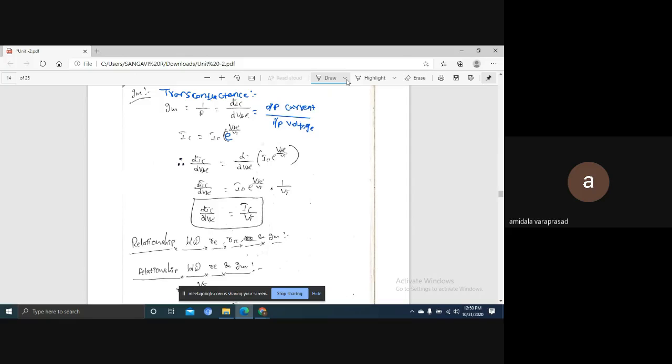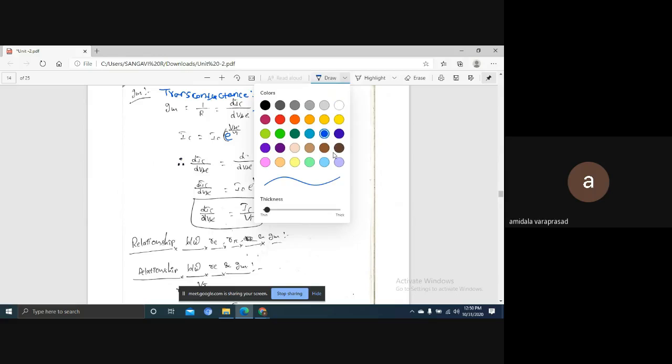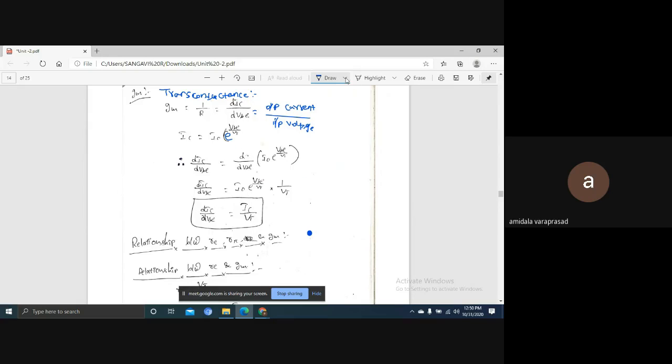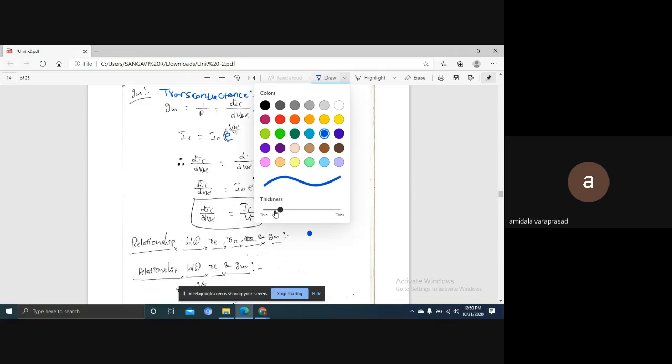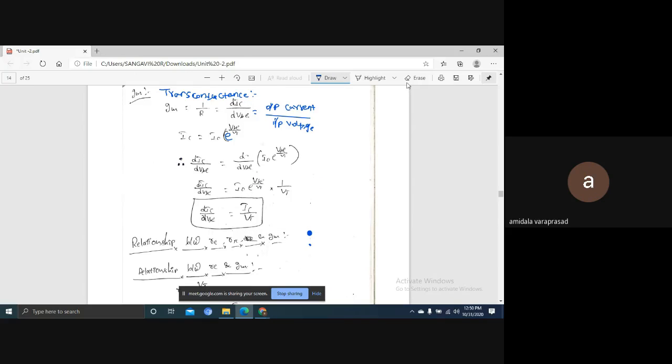We need to differentiate that. Same way, I naught into e power VBE by VT into 1 by VT. DIC by DVB is equal to IC by VT. This is looking like GM is nothing but current by voltage. Please keep in mind.